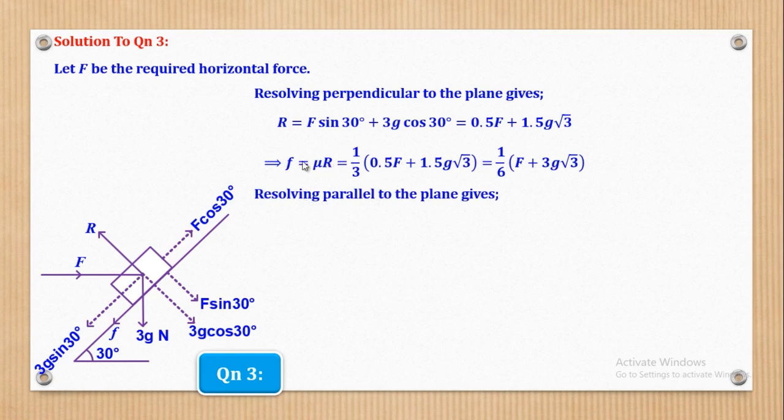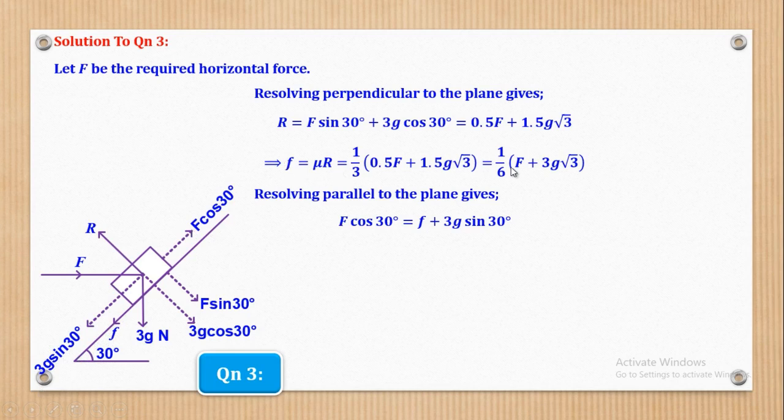When I resolve parallel to the plane, I will get F cos 30 degrees equal to small f, which is the friction, plus 3g sine 30 degrees.